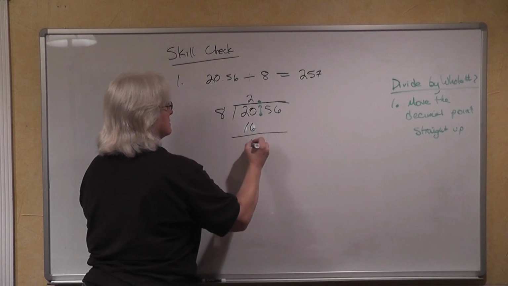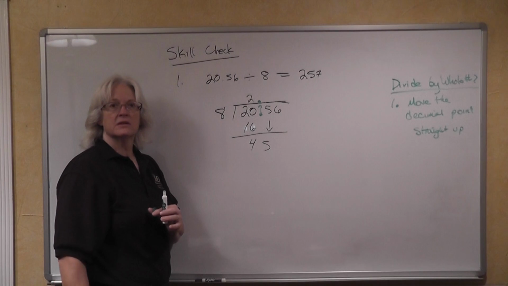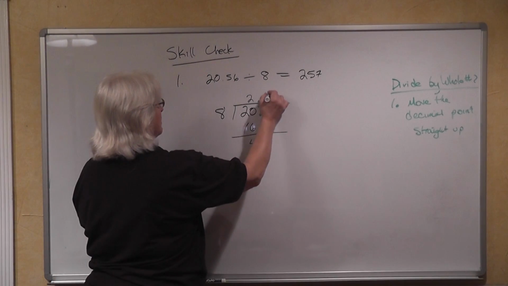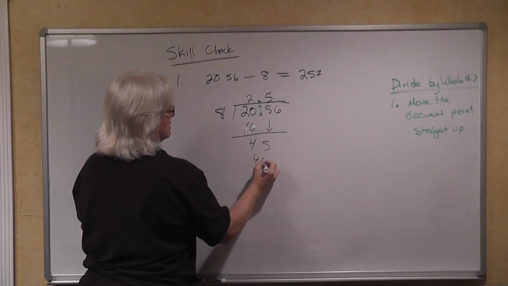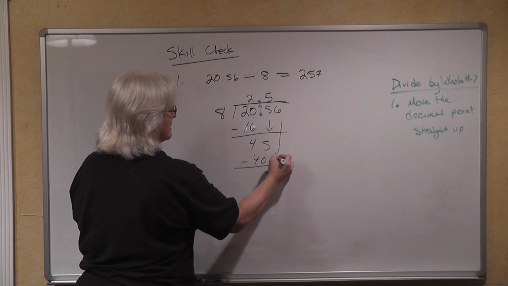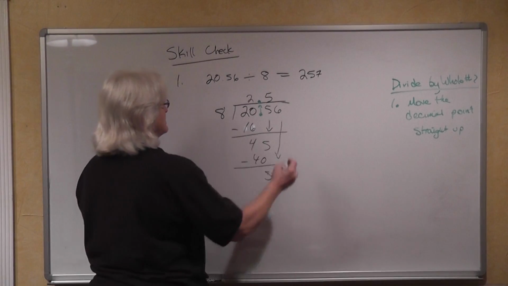We subtract 4. We're going to bring down that 5, aren't we? 6 eighths are 48, so 5 eighths are 40. We're going to subtract 5, and we're going to bring down that 6. 7 times 8 is 56.